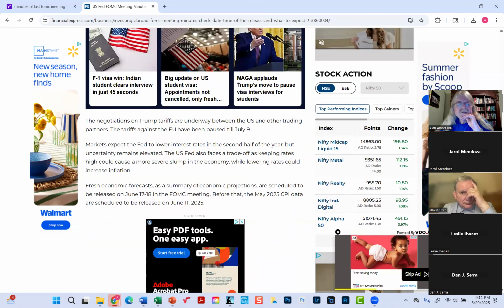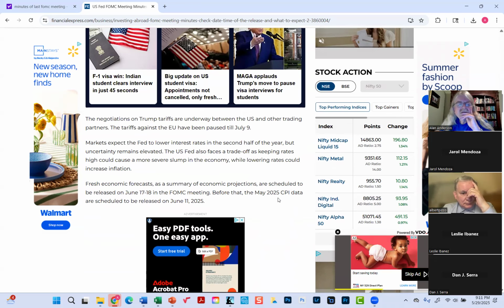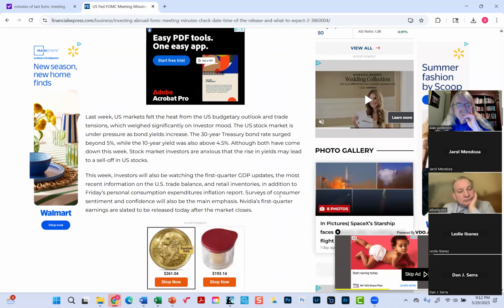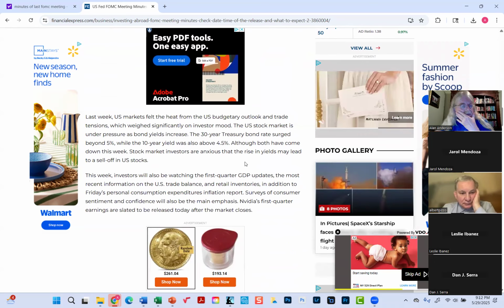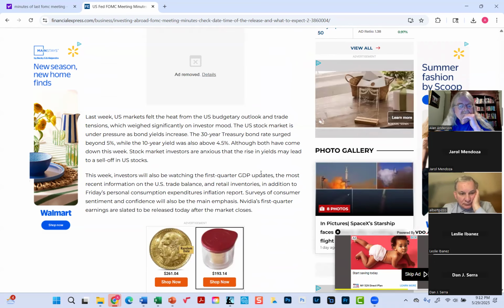The May CPI data are scheduled to be released on June 11th. This week, investors will be watching the first quarter GDP revisions or updates. Yeah, all right. Well, we kind of already saw this, but this is exactly what they're paying attention to when they make these decisions.